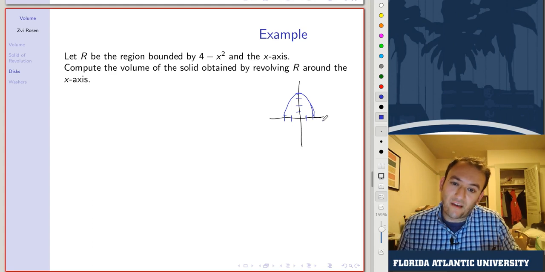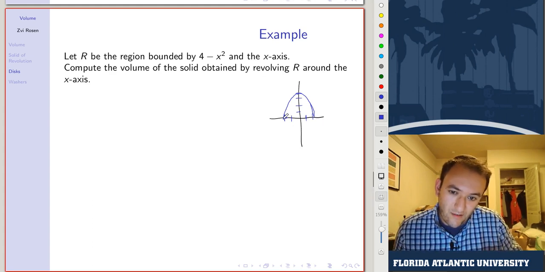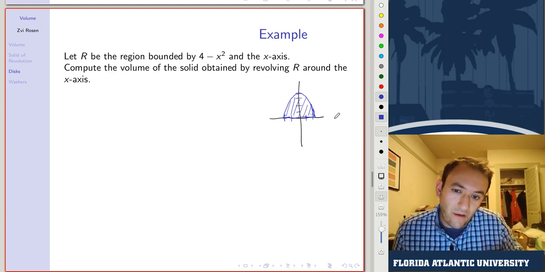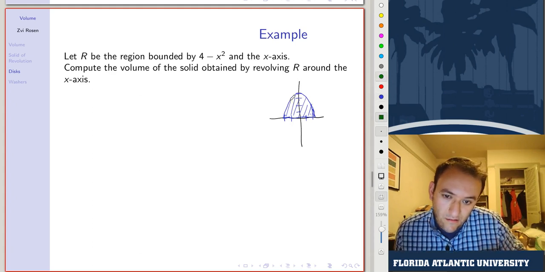Because I want it to be bounded by this curve and the x-axis, I'm just going to stop as soon as I hit the x-axis. Now this is my region. Okay. So I'm going to be rotating this around the x-axis, which means things are looking like this.